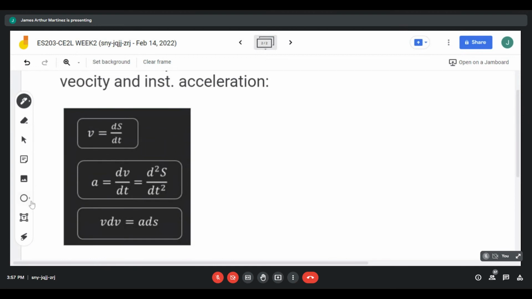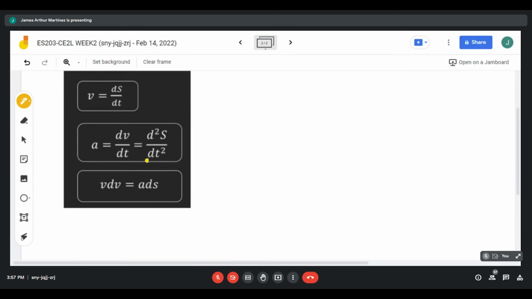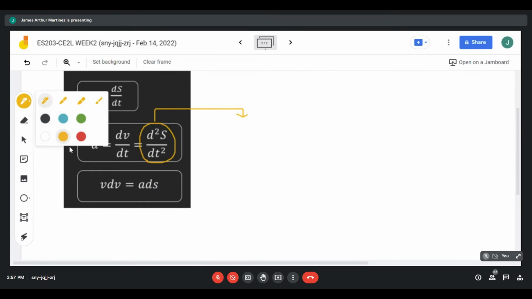Okay, so where does d squared s over dt squared come from? It is derived from the definitions of acceleration and velocity.